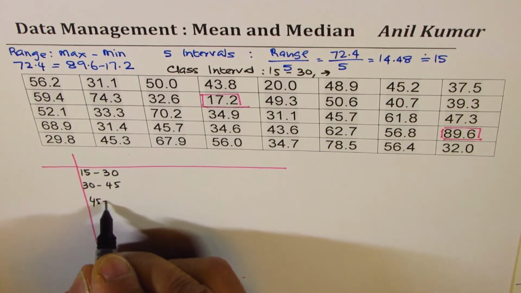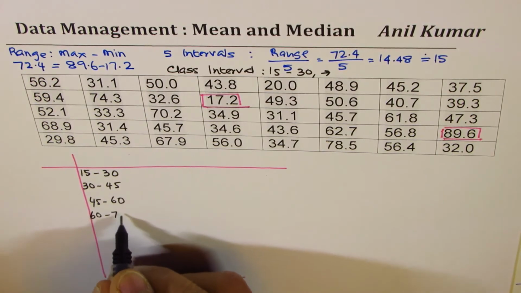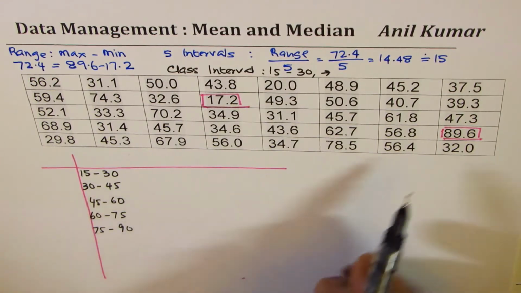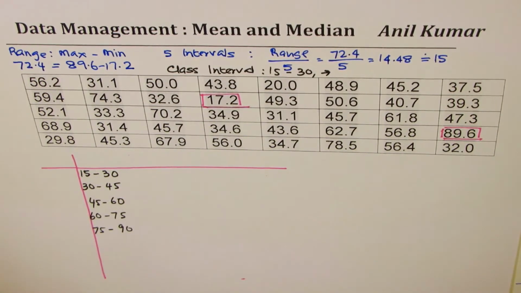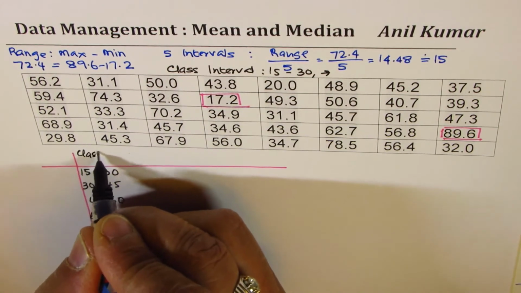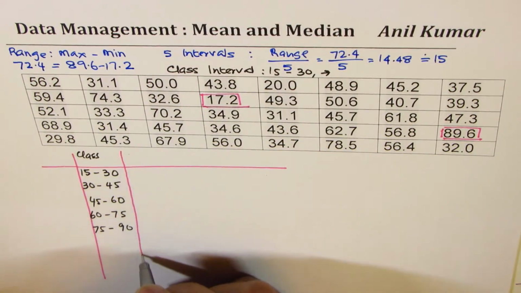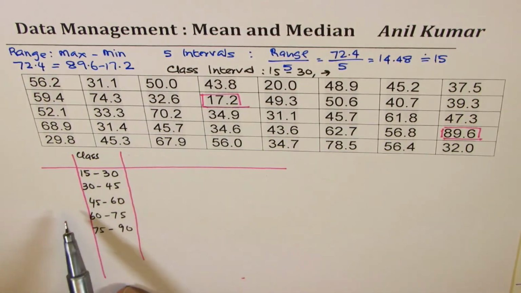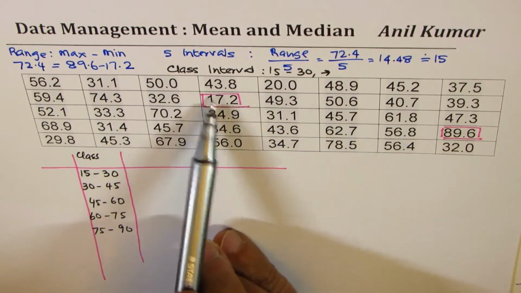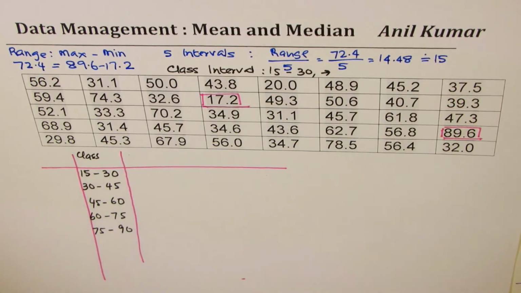And then from 45 to 60, and then 60 to 75, and then 75 to 90, correct? That should take care of 89.6. So these are our class intervals, right? So I hope you have understood how we got this interval. So we looked into minimum and maximum values that give us range, divided the range by 5, approximated our value to a good number to begin with.